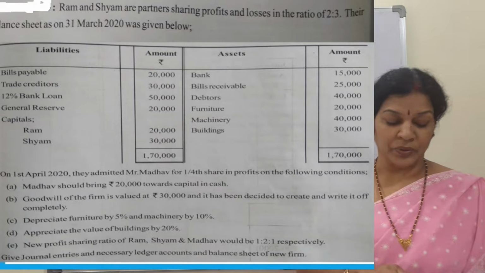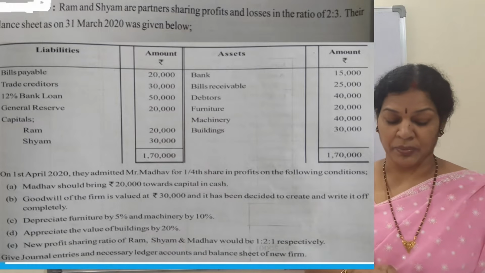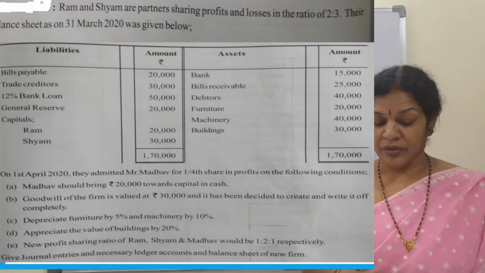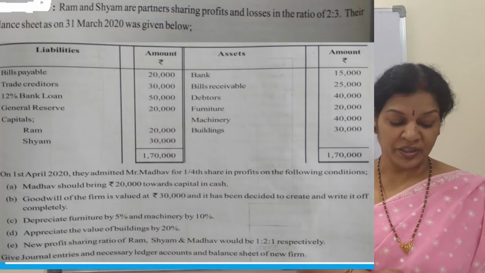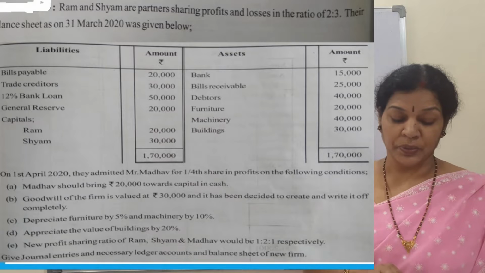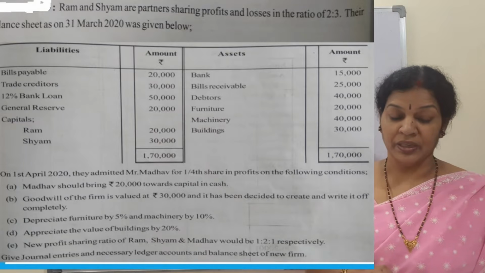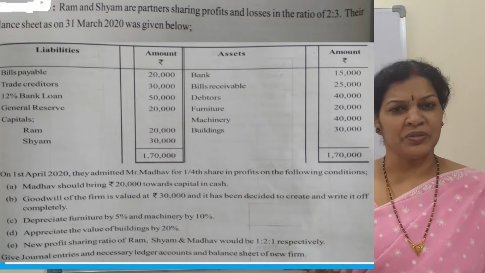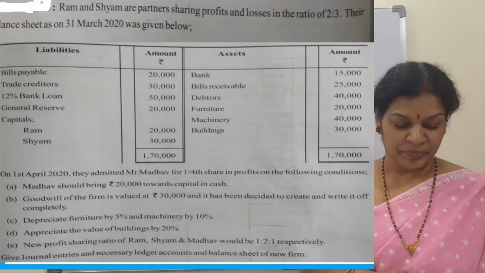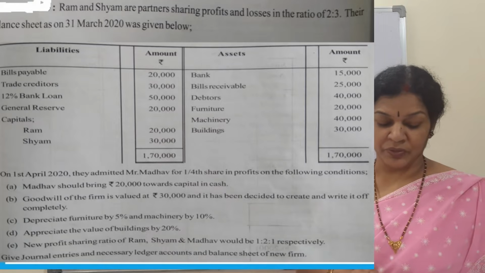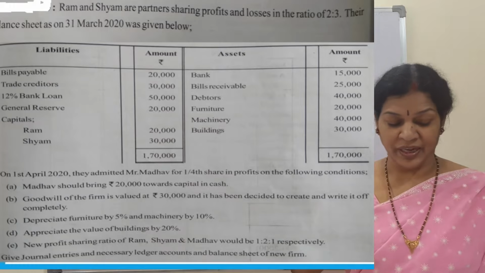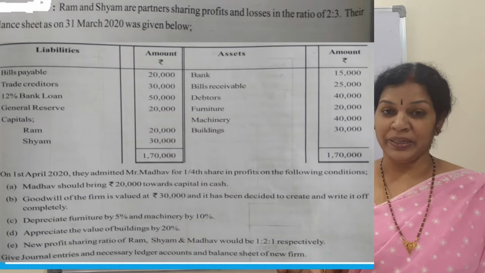Now coming to the adjustments. On 1st April 2020, they admitted Mr. Madhav for a 1/4 share in profits on the following conditions. First one, Madhav should bring 20,000 towards capital in cash. So cash account debit to Madhav's capital account. Second one, goodwill of the firm is valued at 30,000 and it has been decided to create and write it off completely.